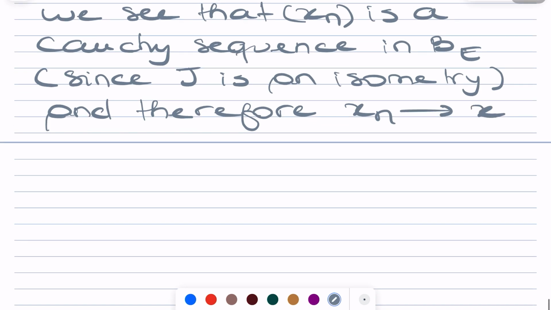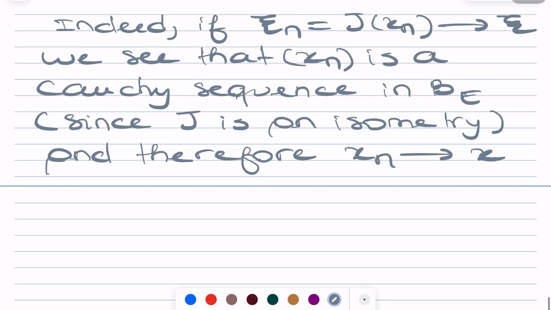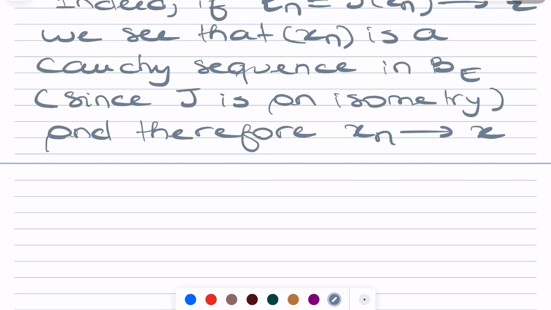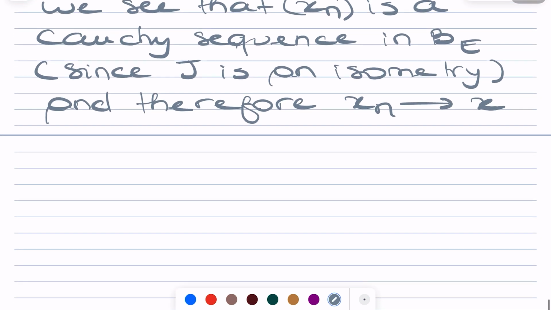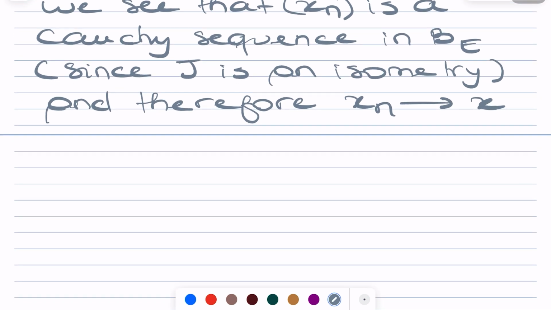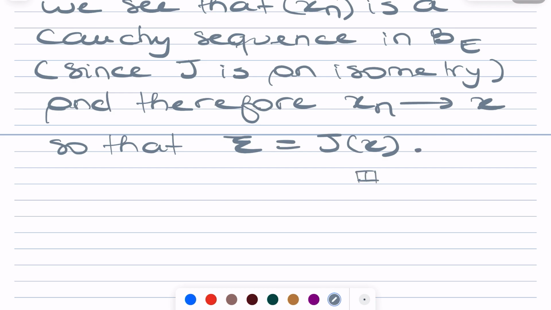We saw that the strong topology is Hausdorff, and then we also have uniqueness of the limit. Therefore xn converges strongly to x, so that xi is equal to J of x. This proves that the image of the closed unit ball via the canonical embedding is closed in B E star star in the strong topology.